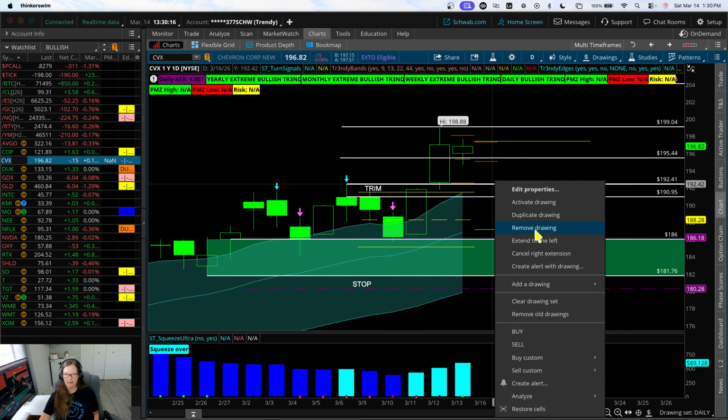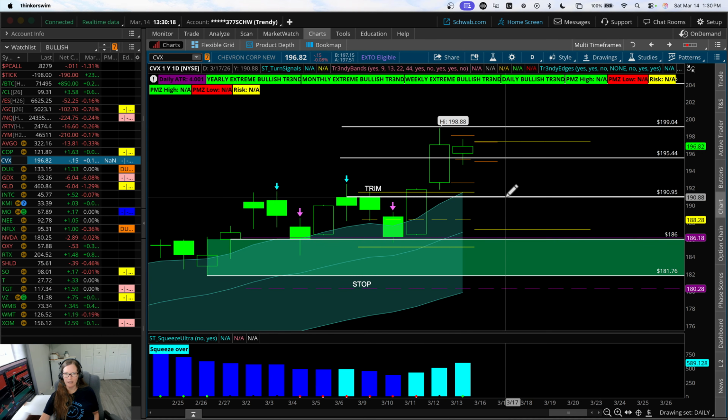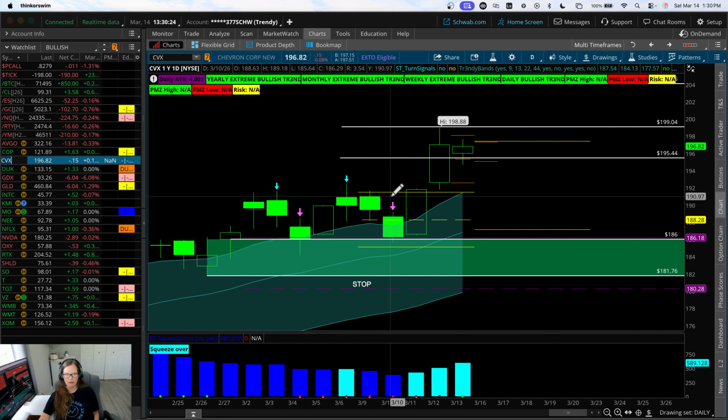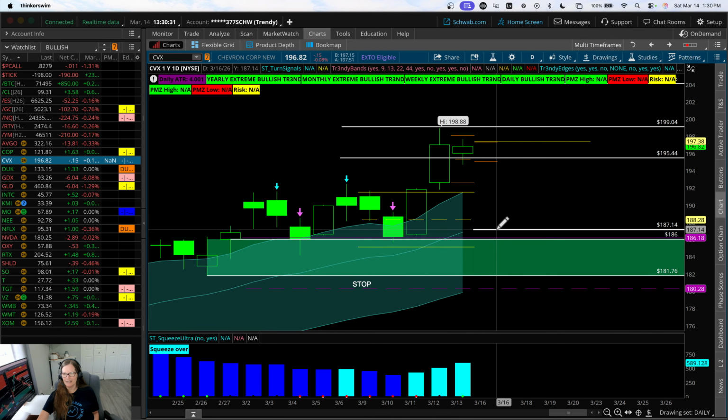As far as the levels for this week, I'm not going to really change much, except that my buy zone would move up just a little to 187 by 181.76, incorporating that lower weekly edge.